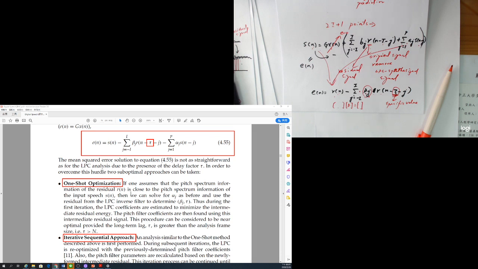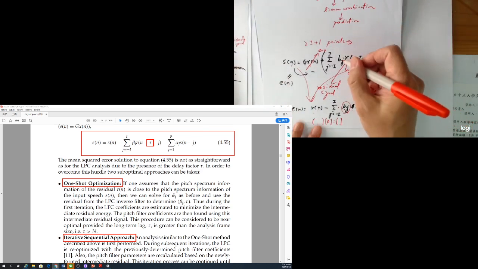So what is the one-shot? We assume the pitch spectrum information based on R of n is close to your pitch spectrum information. So we are based on the residual signal. First, we try to get alpha.